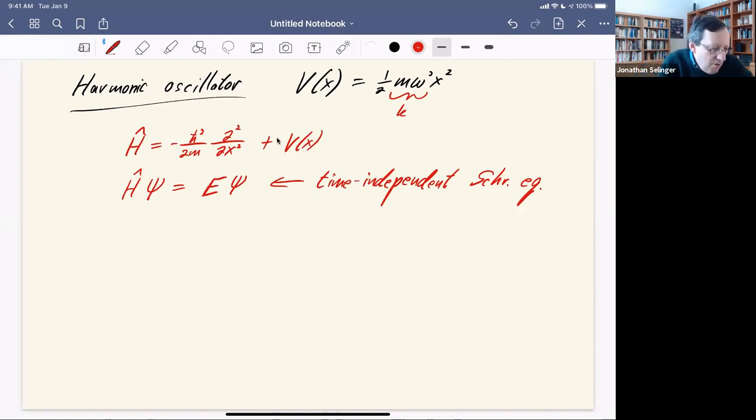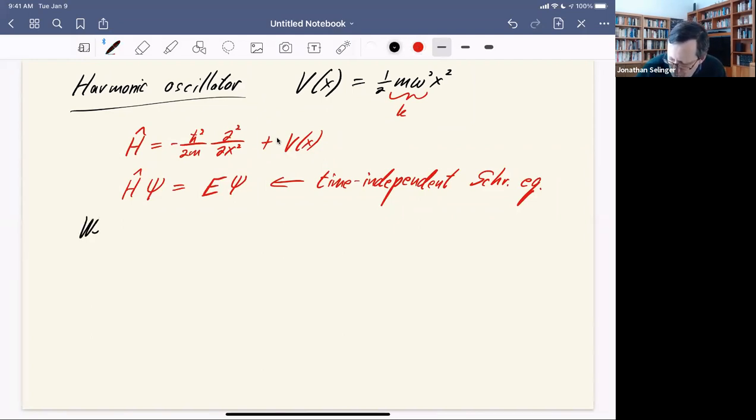All right, so you remember at the very end of the last class, I defined a pair of operators, A plus and A minus.